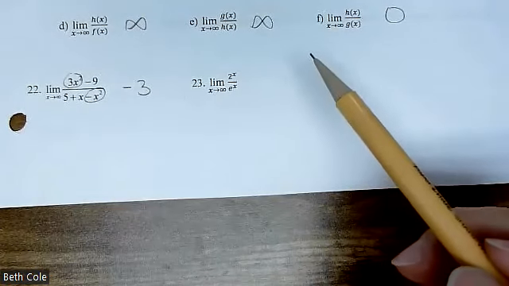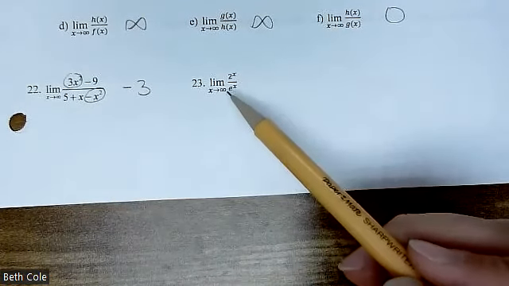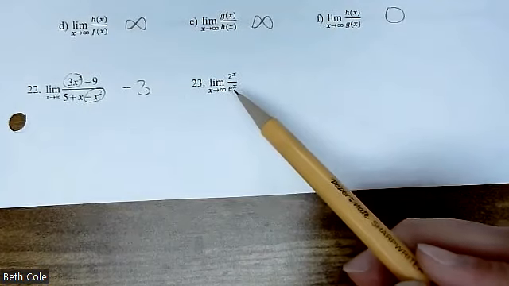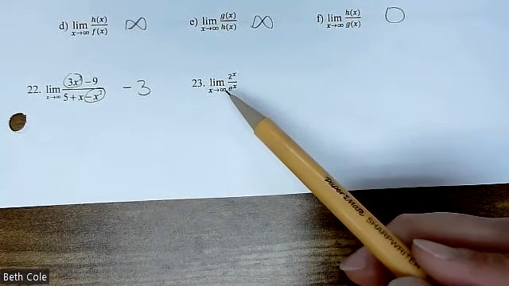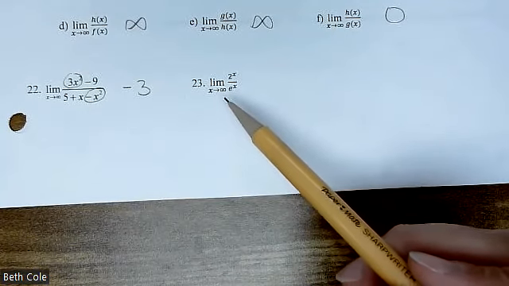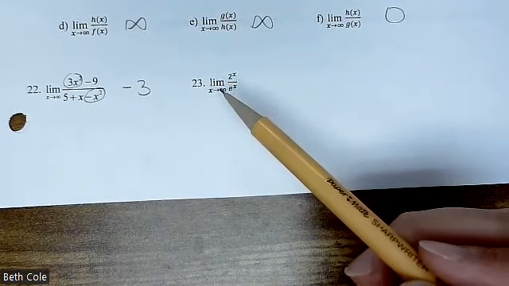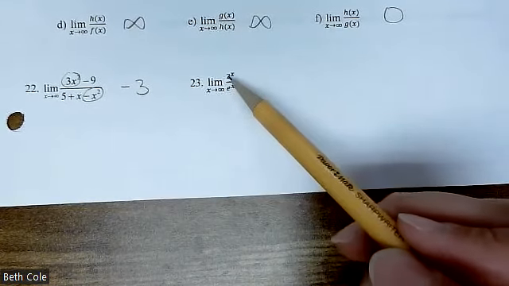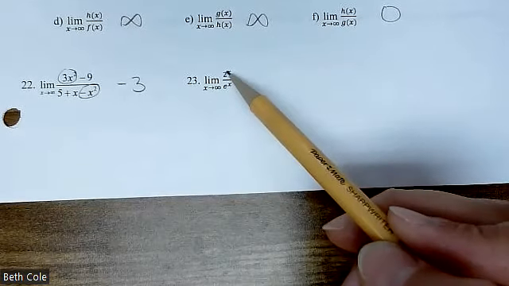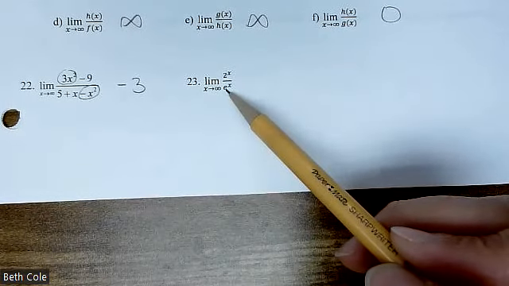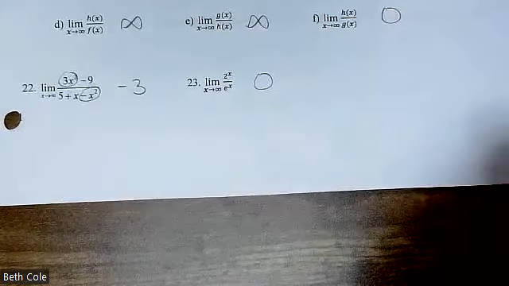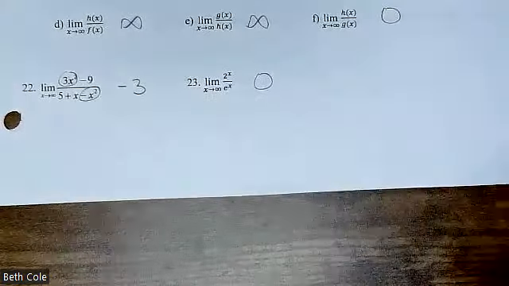I'm just checking if you remember what number e is. e is about 2.718. Anyway, it's bigger than 2. e is larger than 2. So you have small over big. So 0. I basically threw that on there to see if you remembered how much e was.